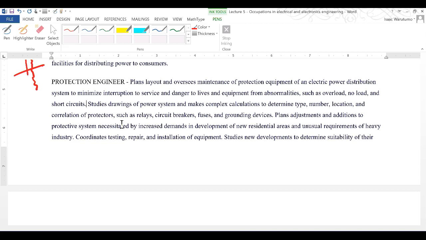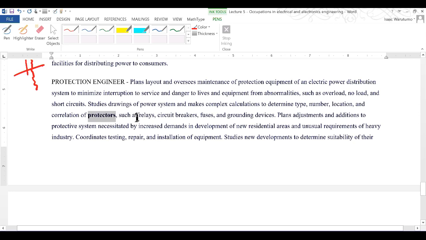They also study drawings of power systems, and they make complex calculations to determine the type, number, location, and correlation of protectors. Talking about these items, I think this is the keyword you need to understand: circuit breakers, fuses, and grounding devices.